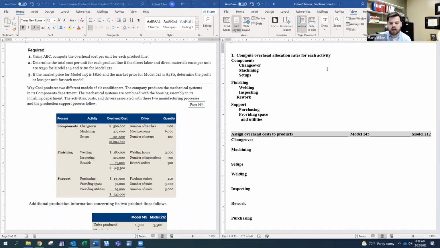So even though what we're about to do is not very difficult, as long as you know what to do, what you're going to find is that if you make a mistake here, it's going to dramatically impact your score on the exam, because you're going to continually get hit by losing points each time you use that wrong activity rate.